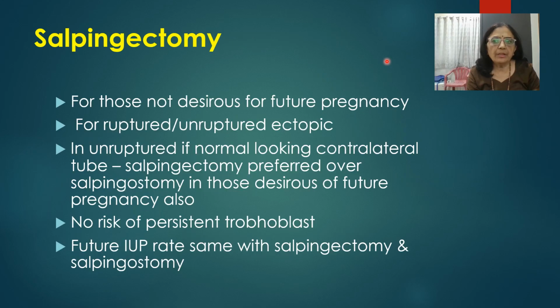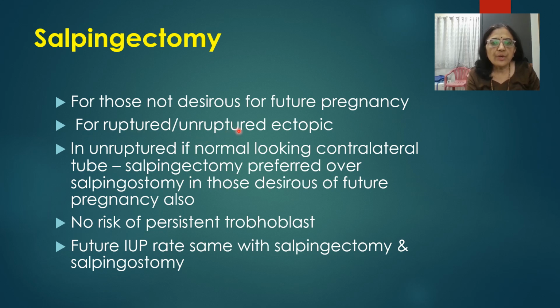Now, the second technique in unruptured tubal ectopic pregnancy is salpingectomy, where the fallopian tube is completely removed. It is for those who are not desirous of future pregnancy, and it is the surgical technique which can be used whenever there is a ruptured ectopic pregnancy.